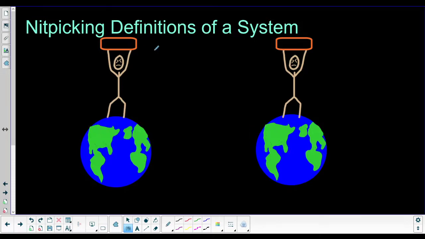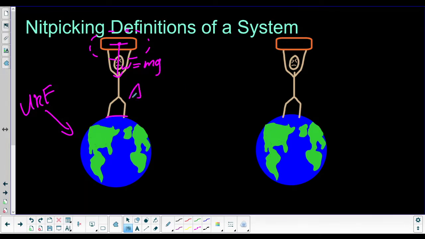If you define your system as the box only, then when you release the box, an outside force is exerting a force on your box. And because the Earth is outside of your defined system, it is doing work on the system. So the work of weight is mg times delta x.